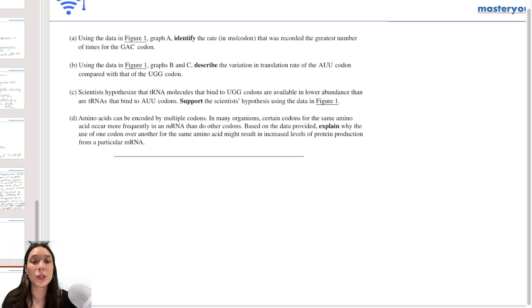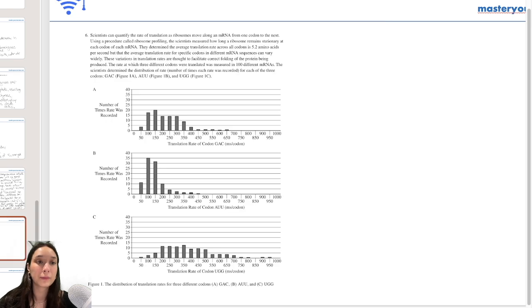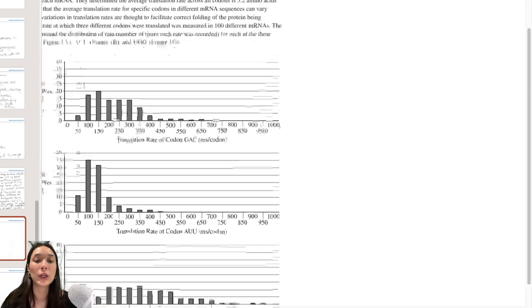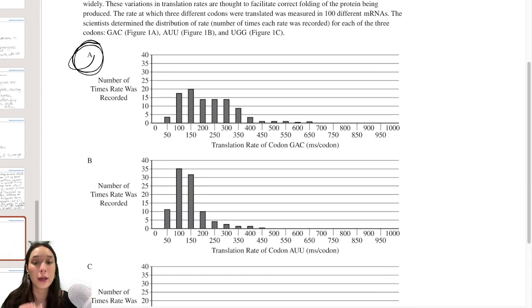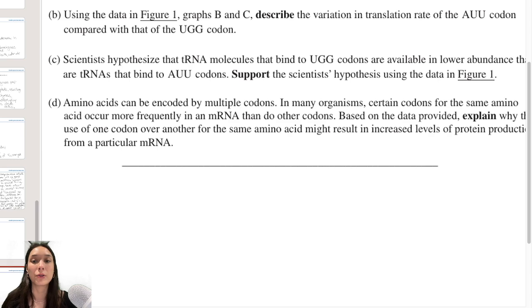It says, using data in figure 1, graph A, identify the rate in milliseconds per codon that was recorded the greatest number of times for the GAC codon. So figure 1, graph A, we're looking for the most recorded times. So this is this graph over here. You're looking for the rate, which they want you to report in milliseconds per codon, so you're looking at the x-axis. Which one of these was recorded the most amount of times?